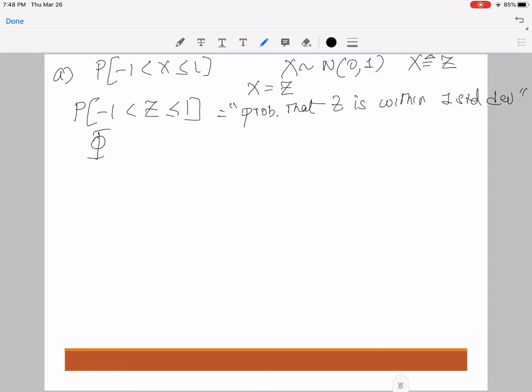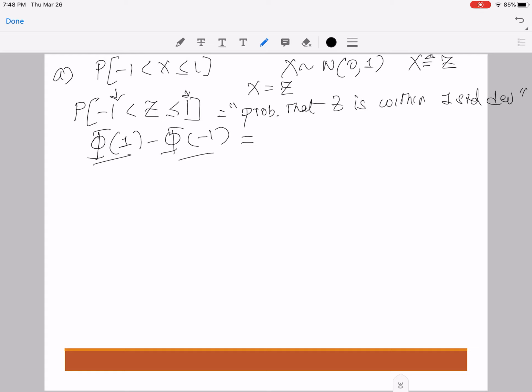So the probability that z is greater than negative 1 but less than or equal to 1 is equal to phi at the upper end of the interval minus phi at the lower end of the interval. So I need to refer to my phi tables in order to find these values. I have to look at the phi table twice: first time to get phi of 1 and the second time to find phi of negative 1.